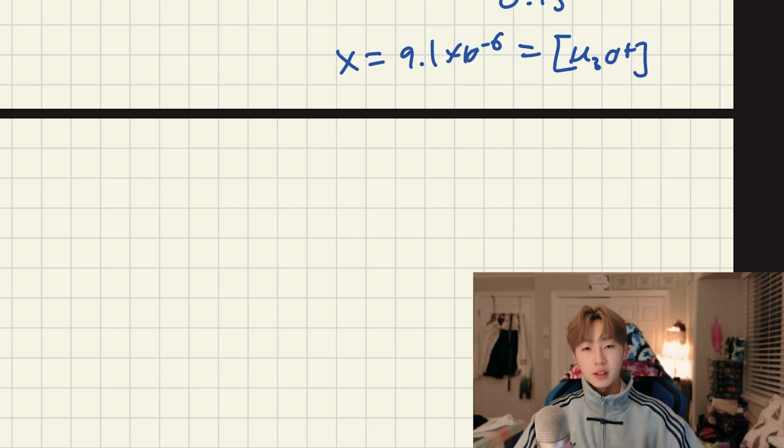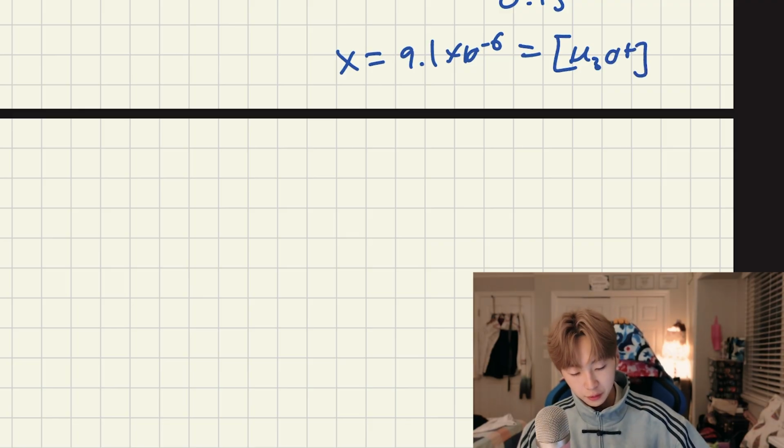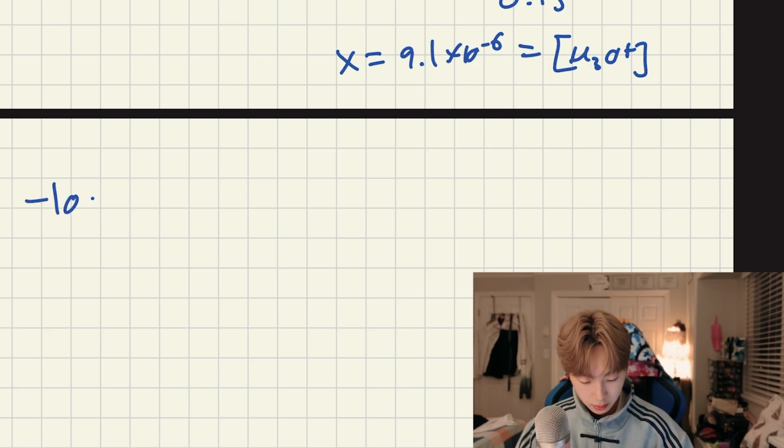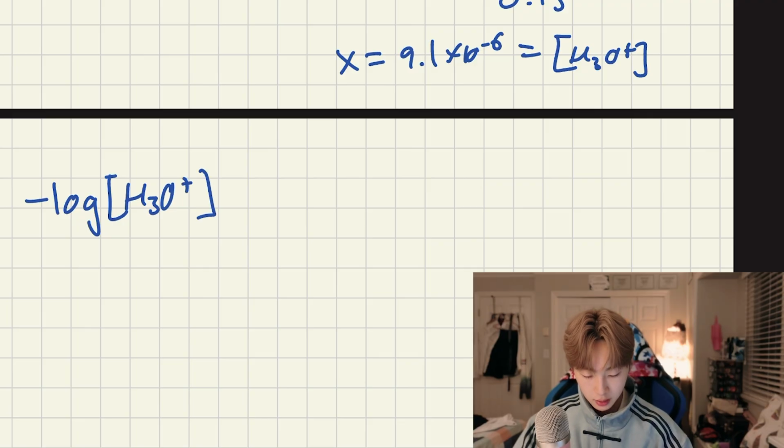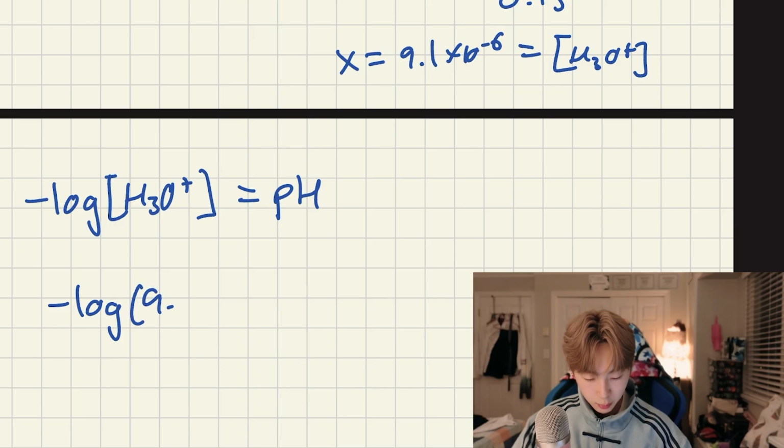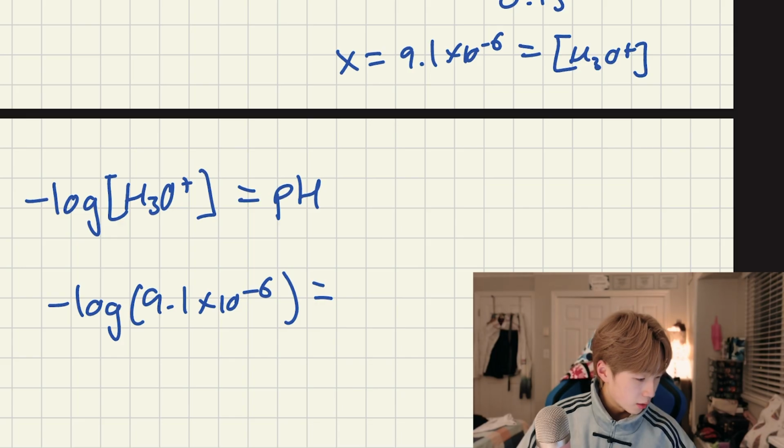Now as for pH, do you remember how to convert from concentration to pH? We have to do our negative log of our concentration of hydronium, and that's equal to our pH. So we have our negative log of 9.1 times 10 to the negative 6, and that will give us a pH of 5.04.